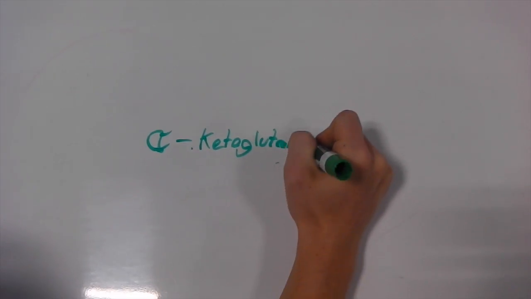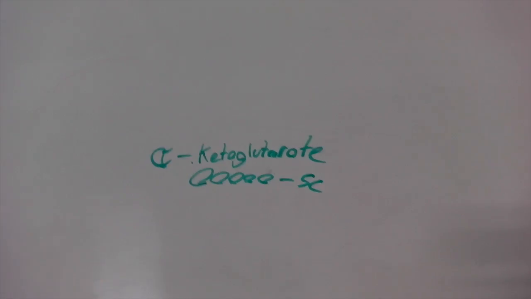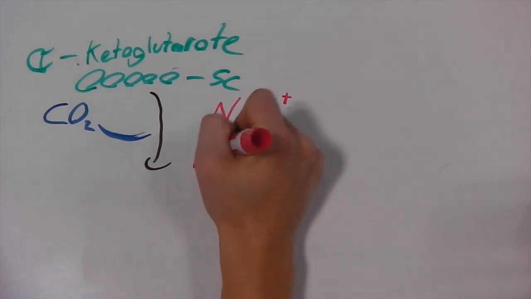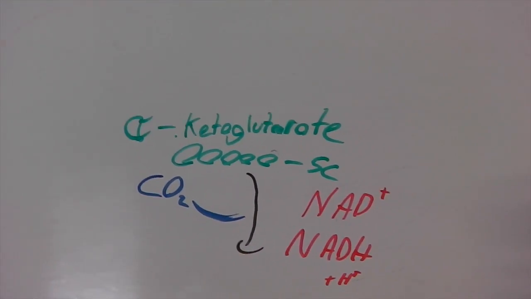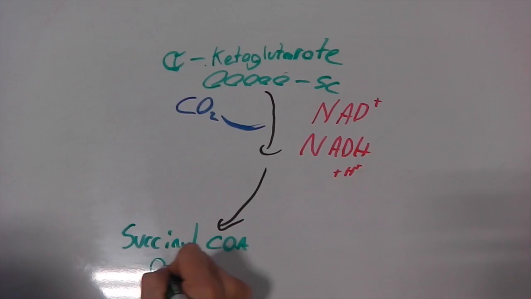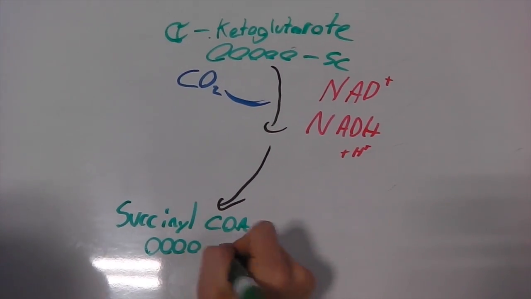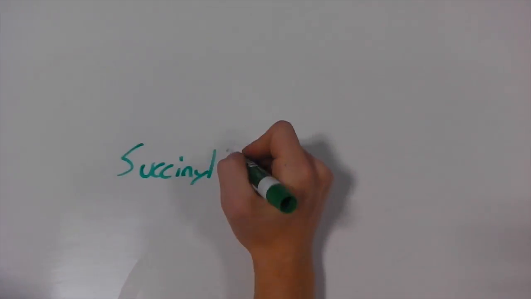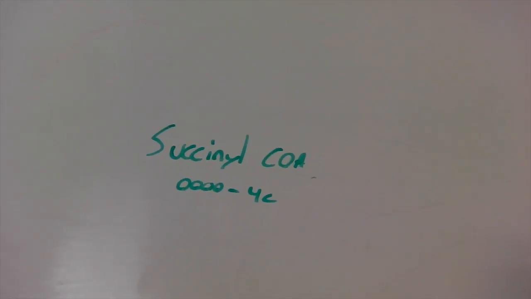From alpha-ketoglutarate, we will take away another carbon dioxide and add another NAD plus H plus electrons, making NADH, and we will end up with succinyl-CoA, or succinate, which is 4 carbons, because we took them out, giving them to carbon dioxide.